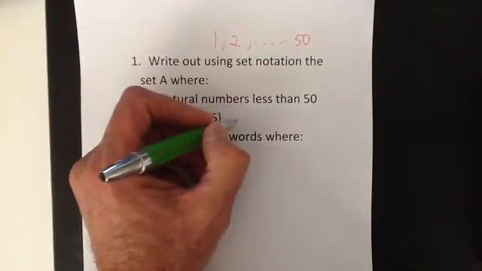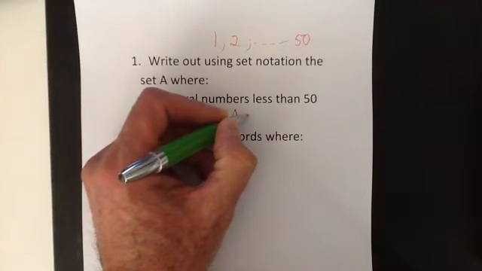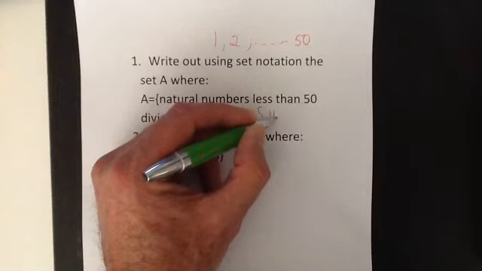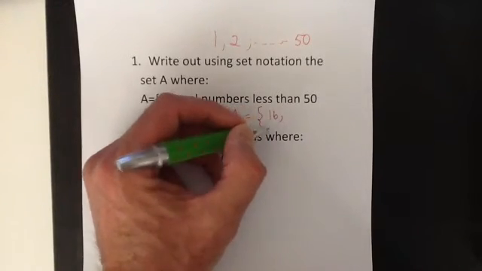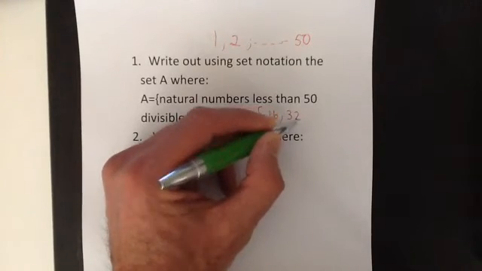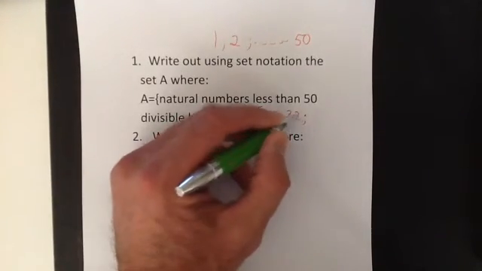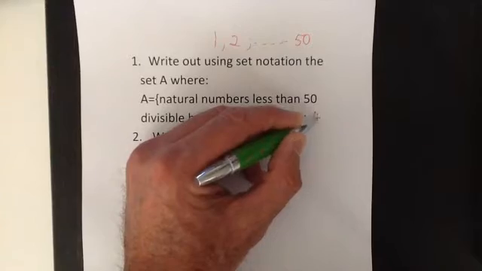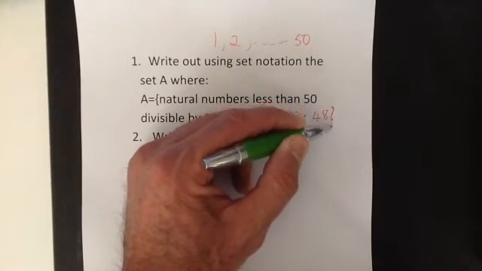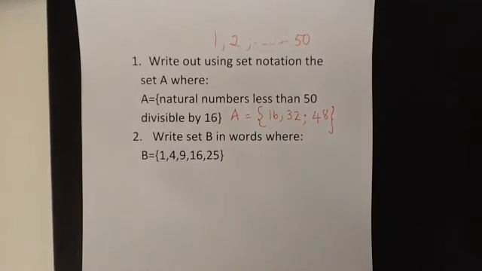Use our curly brackets for A. So the first one will be 16. That's the first multiple. Then 32. Then 48. And that's it, because the next one is too big. So there's your answer to the first one.